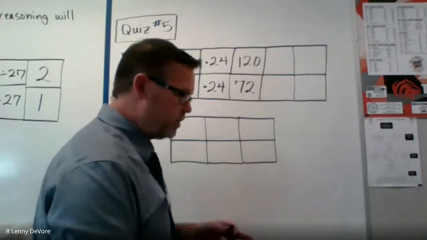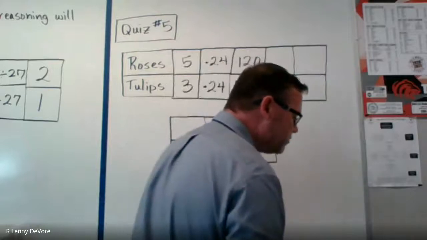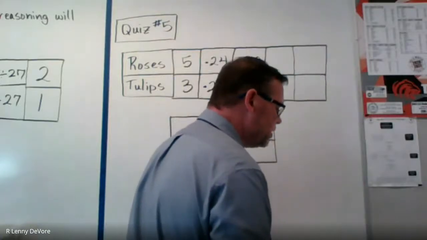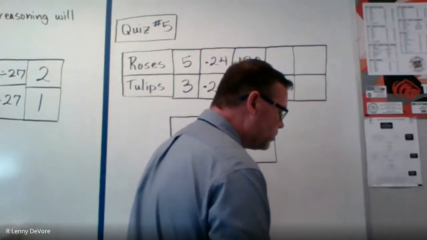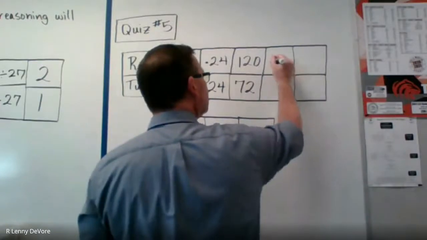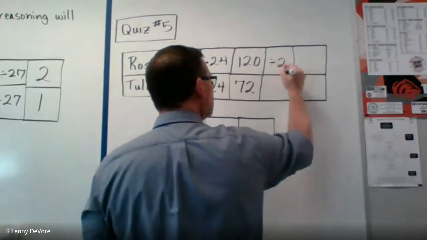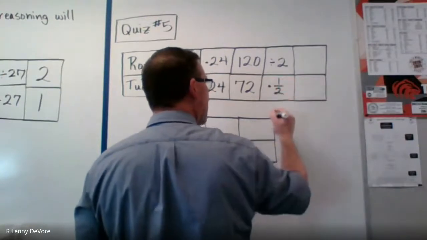So now what we need to look at is the next step. And what they're saying is that they use half of each type of flower to fill an order for a wedding. So in other words, we're going to divide this by 2, or it's also multiplying. That's the same as multiplying by 1/2.